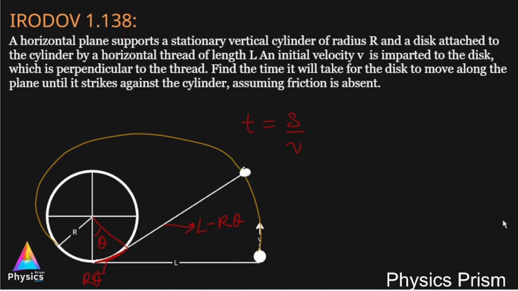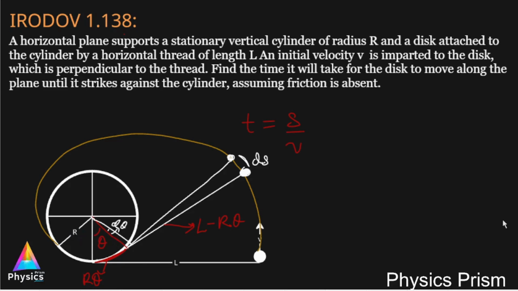Let's find out. Let's take a very infinitesimally small displacement ds over here, and we connect it to there. This is the rope, and this is our d theta change in the angle.